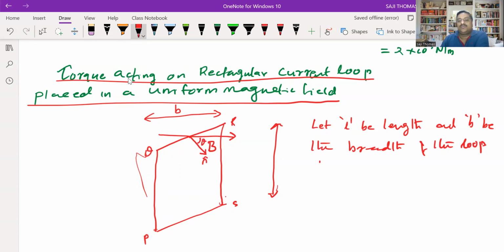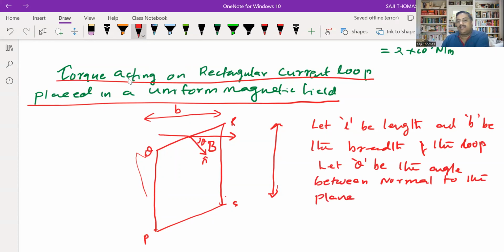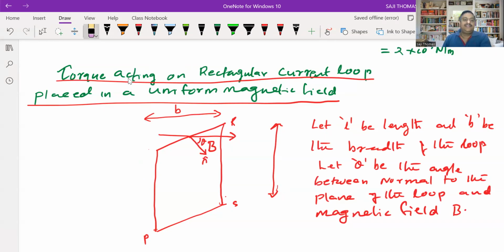So let theta be the angle between the normal to the plane of the loop and magnetic field B.